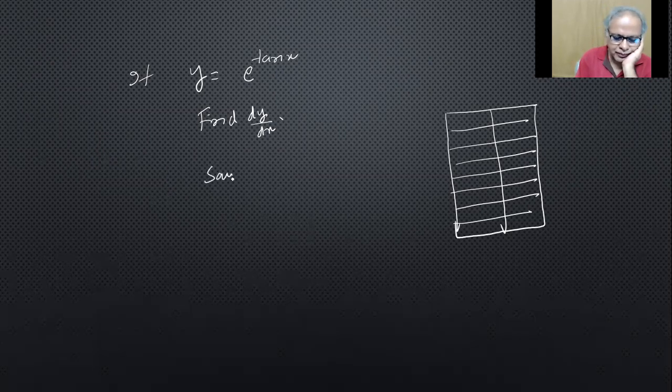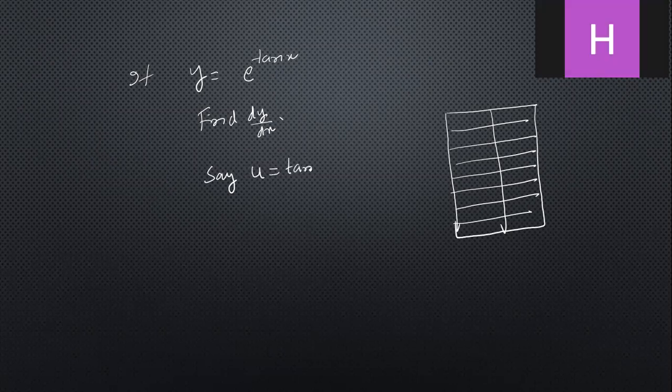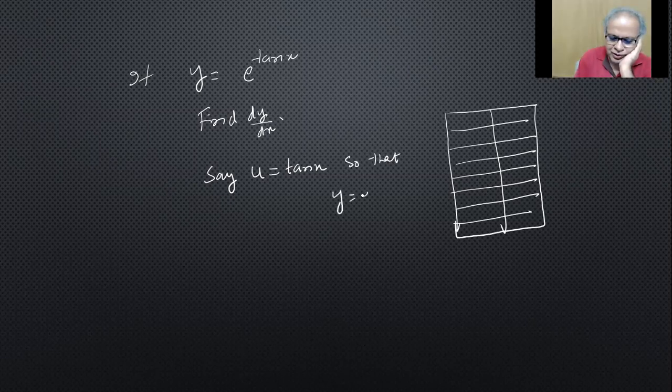Say u equals tan x, so that y equals e power u. That way you can see both the functions clearly. So that's what I mean by the e power x function and then tan x.